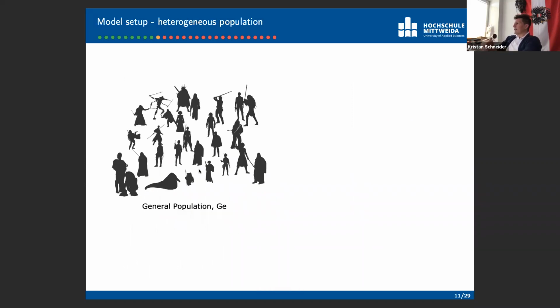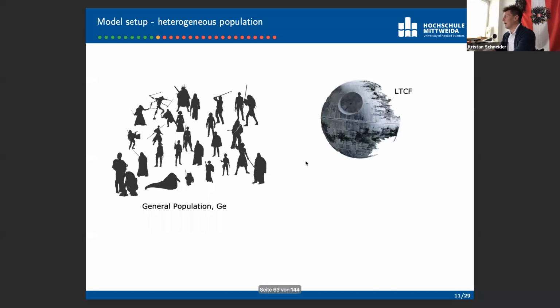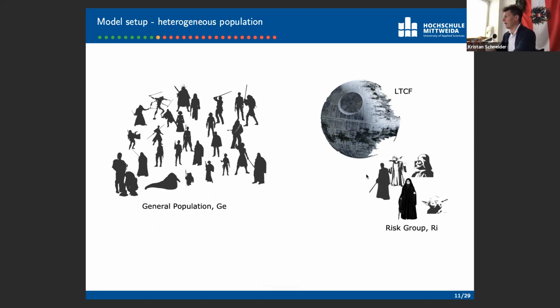Okay, now let's actually go to what we have in mind, and that is coronavirus. So let's look at our setup. We have a heterogeneous population. We mainly have a big population that is diverse and interacting, and then we have long-term care facilities. In these long-term care facilities, we have a resident risk group of elderly individuals.